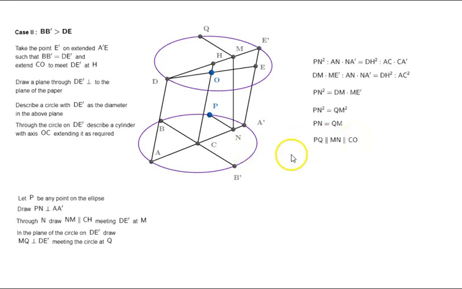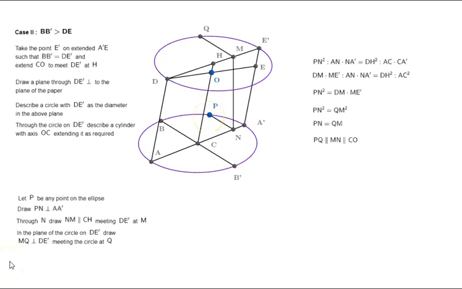Remember, we drew NM parallel to CH or CO. So since PN is equal to QM, and NM is parallel to CO or CH, that means PQ is parallel to NM and CO or CH.